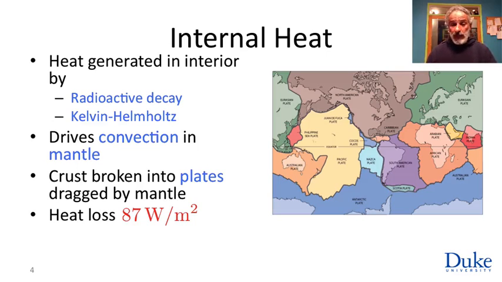For example, the linear ridges of mountains, the Rockies and the Andes, that line plate boundaries where plates are coming together and one of them gets pushed up, or the Alps and the Himalayas.